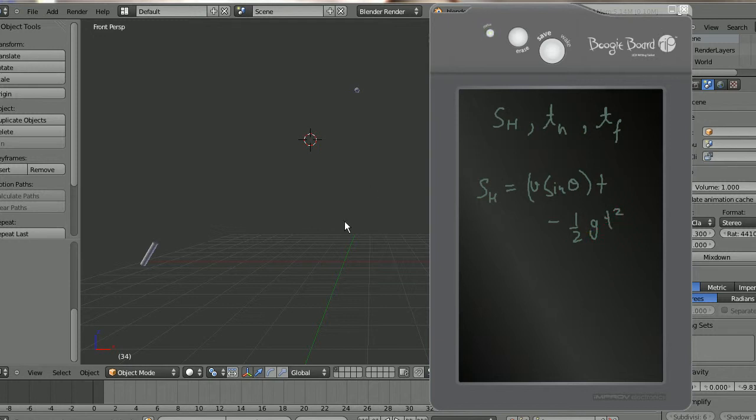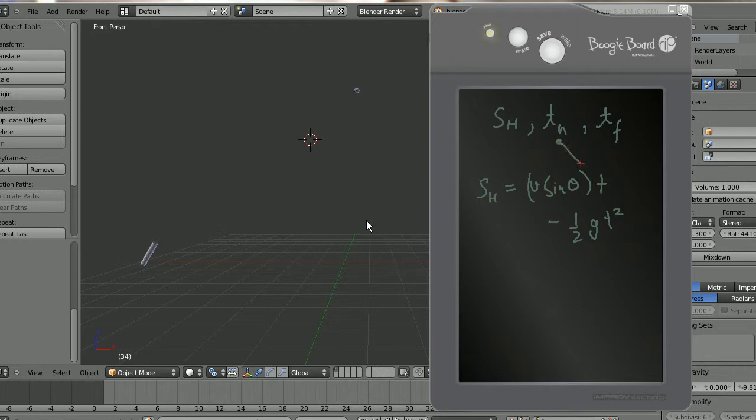The time it takes to reach this middle position is the time it takes to reach its maximum height, or half the time of flight. So if we plug this half time of flight into this equation, we should be able to get the maximum height, because arguably the maximum height is at the center of the flight path.